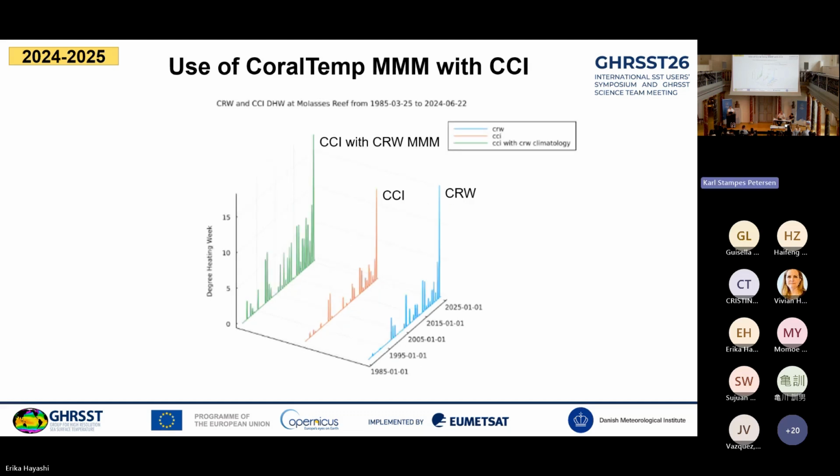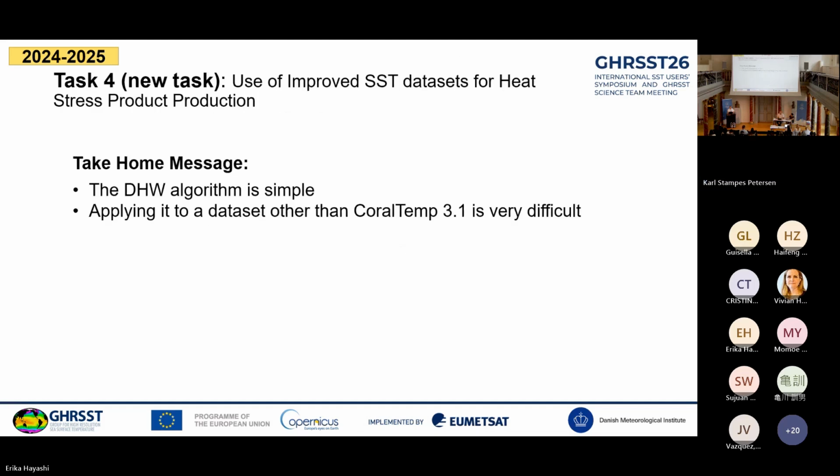In this case, CCI started off being not too bad, and the old climatology made it go wrong by quite a bit. Take-home message here is that the DHW algorithm might well be a simple algorithm, but applying it to a data set other than CoralTemp 3.1 is very difficult.